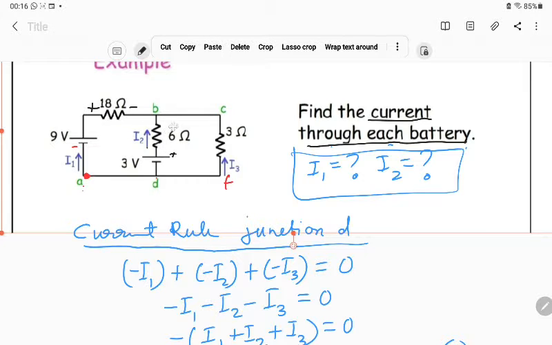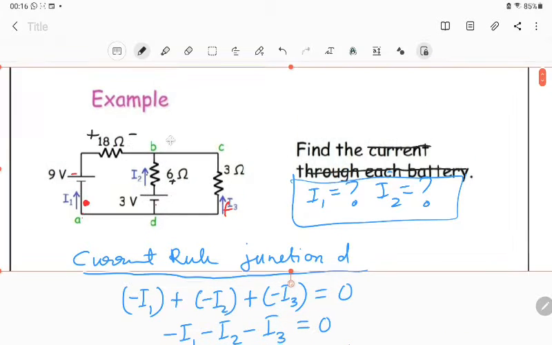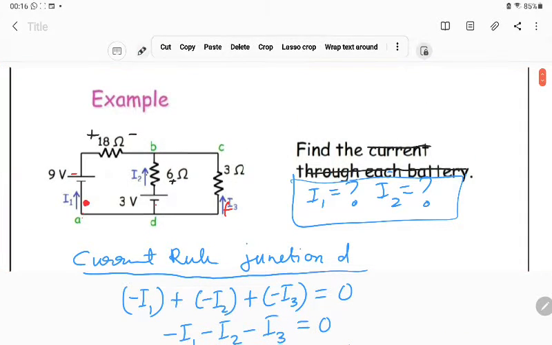The current always moves from higher potential to lower potential. So this side is positive and this side is negative, from higher to lower.